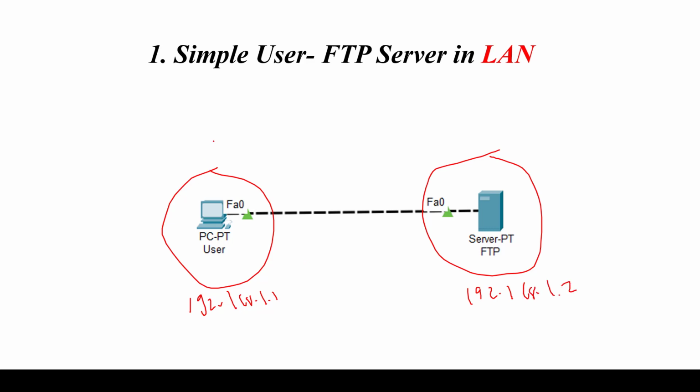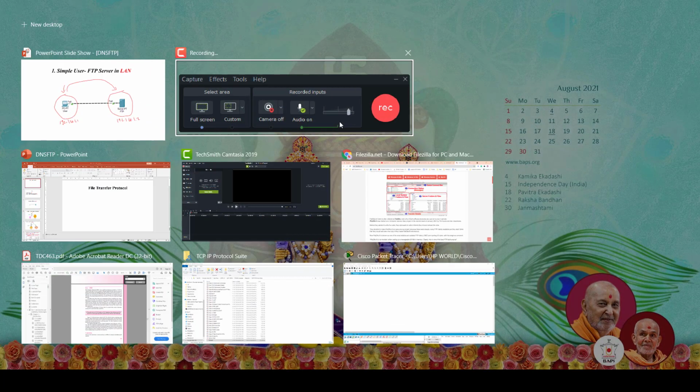So we have our data in this computer, and we are going to transfer this data to an FTP server. Once you upload it over here, you can access the data from some other computer as well using the FTP ID and password. Okay, so let's see it in Packet Tracer.